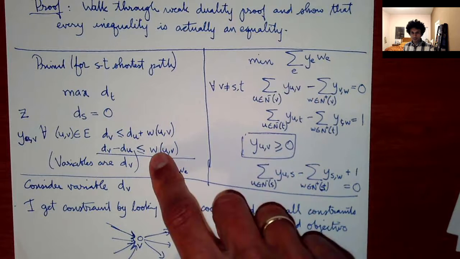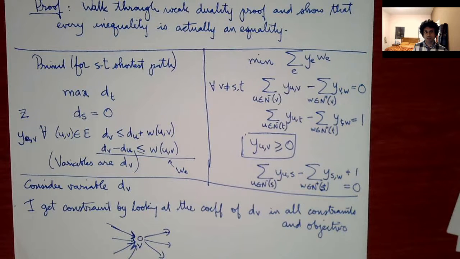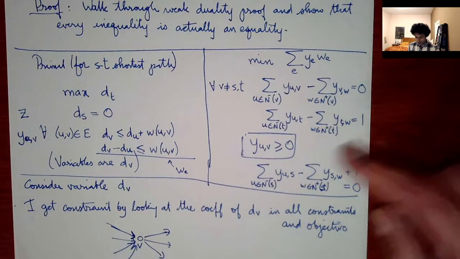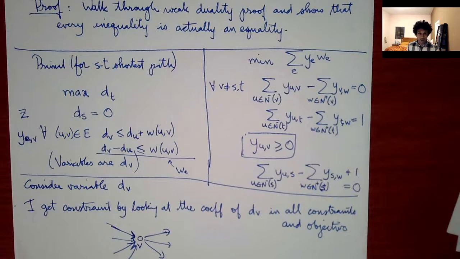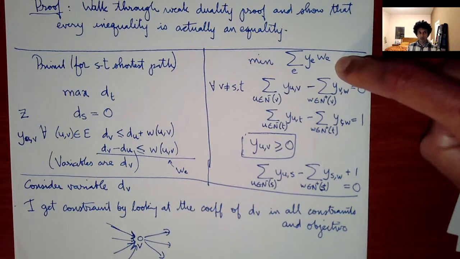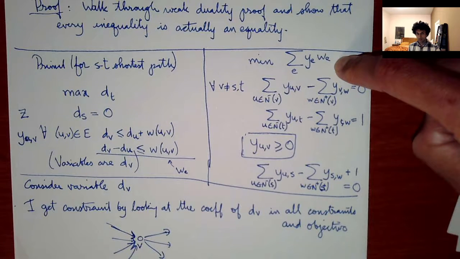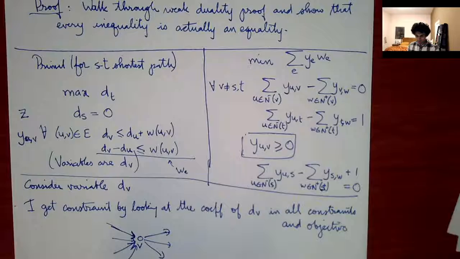That's how much you have to pay for using that edge, and you multiply it with the amount of flow that you're sending. So you're sending 1 unit of flow from S to T. You don't have capacity constraints. What you actually have is a cost. Does that make sense?